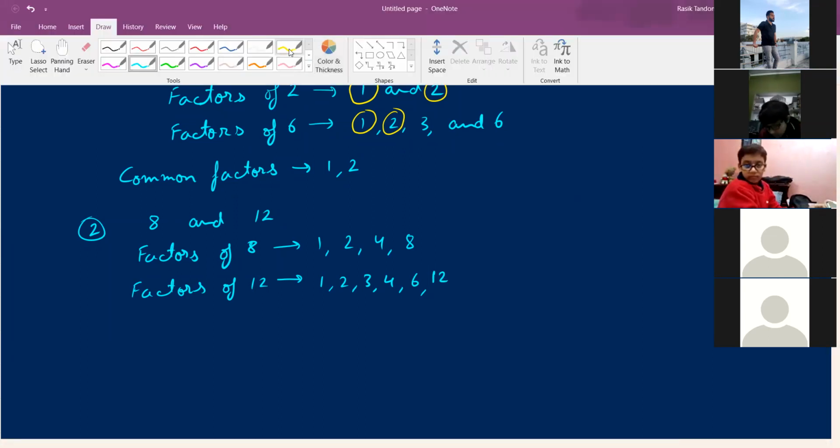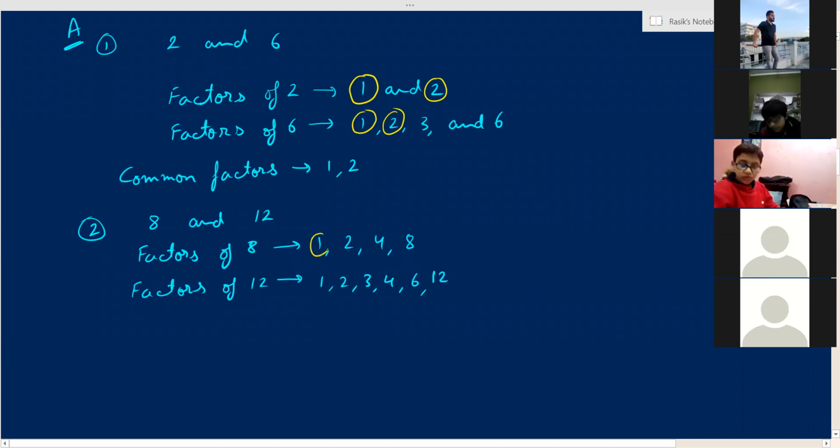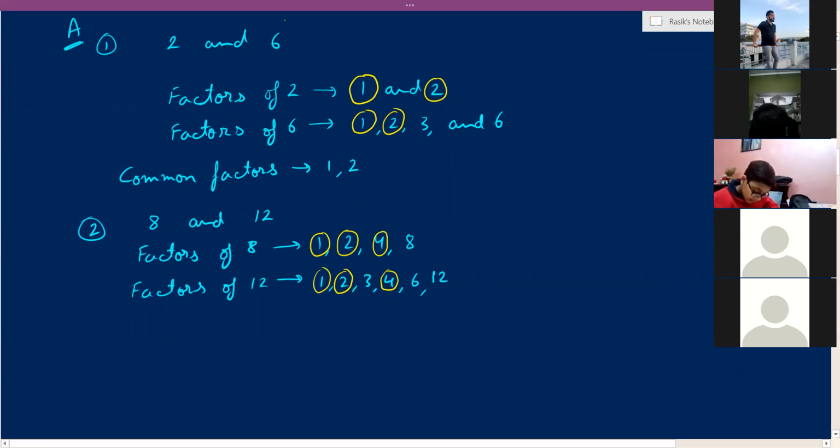Common factors: 1, 2, 4. Sir, what is the page number? This is page number 70, beta. We are doing the exercise.